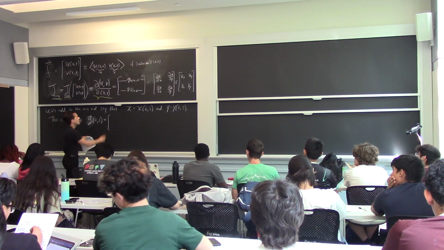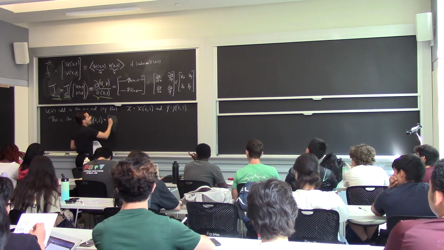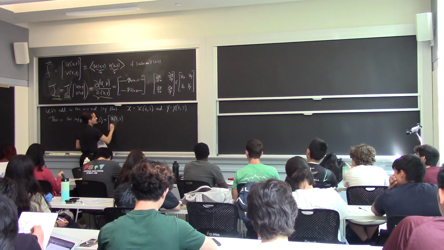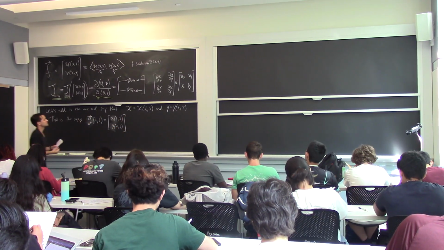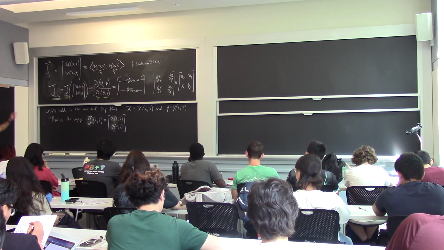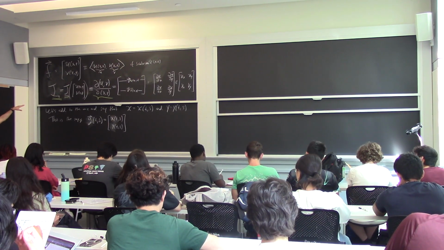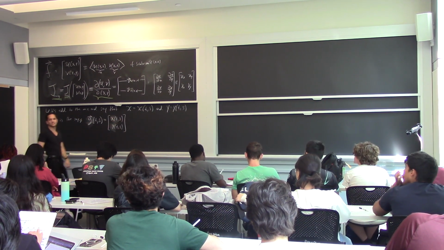Yes, they are t and s, but it's not just t and s here. It's x of t,s and y of t,s. So f is a function of u and v, and x and y are functions of t and s.